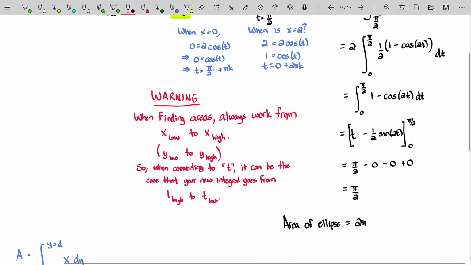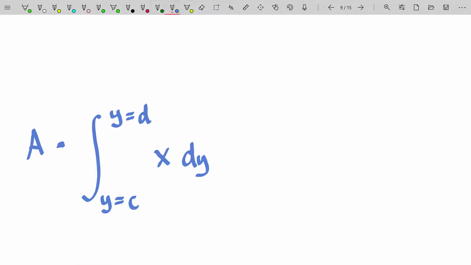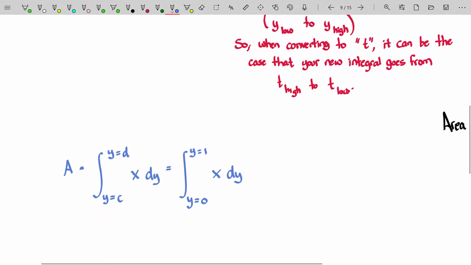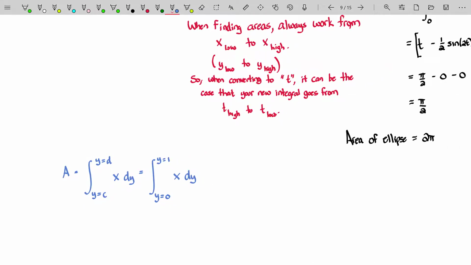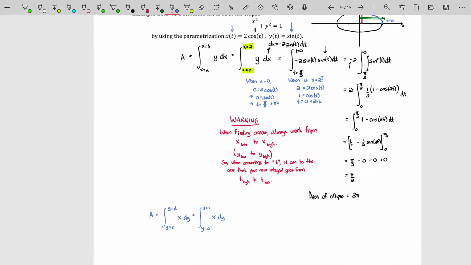So let's start there and say this integral is going to go from y equals 0 to y equals 1 of x dy. You're adding up a bunch of x values and multiplying them by a thickness of y. Now we're going to change into the world of time because this is a parametric curve.